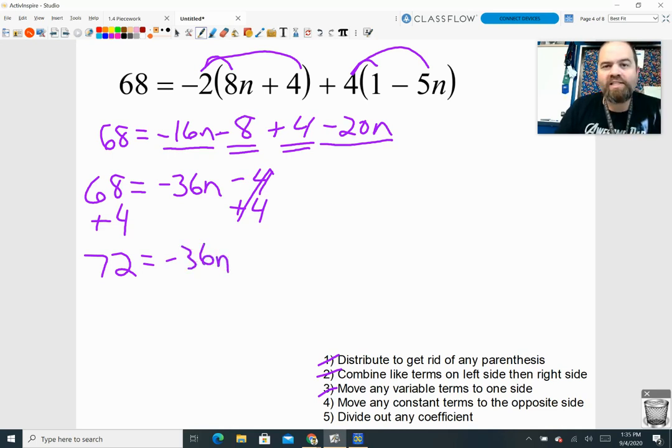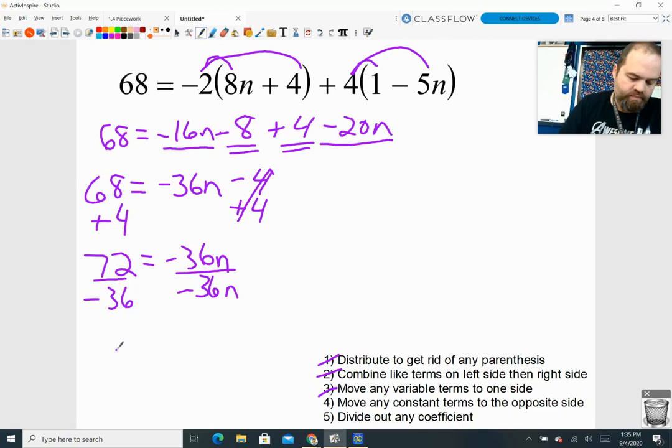I'm back to that last step of division. Divide out anything attached to your variable. These can get kind of complex, all kinds of different pieces moving around, but it ultimately comes down to combining terms, getting your variables on one side, your constants on the other, and then dividing by that coefficient that's left over.